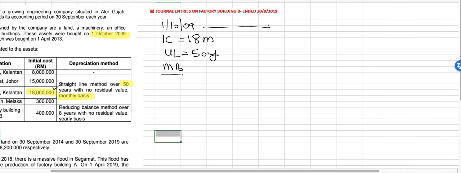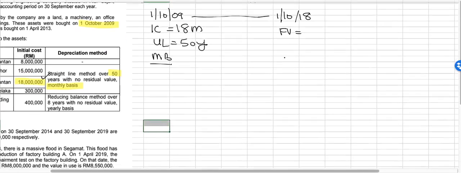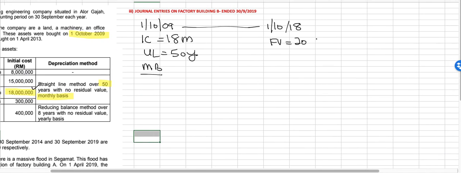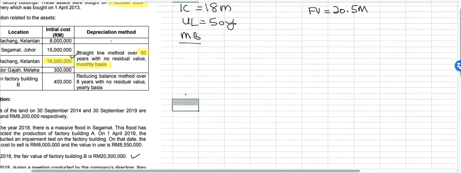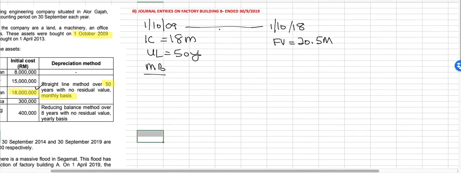So on 1st October 18, given the fair value is 20.5 million. Meaning that is all the information about factory B, so you revalue your factory B on this date.